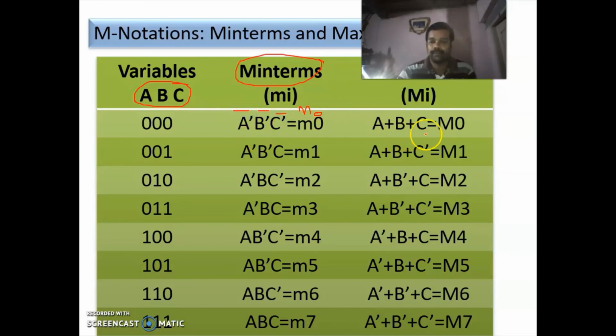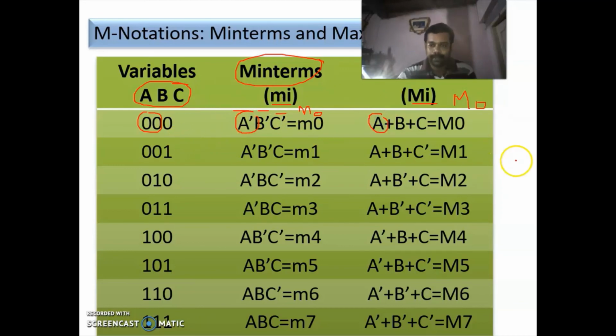If it is a max term, we write capital M. So for min terms we use small m, and for max terms we use capital M. Similarly, for 0 in a min term you complement the literal, but in a max term you use the true form.